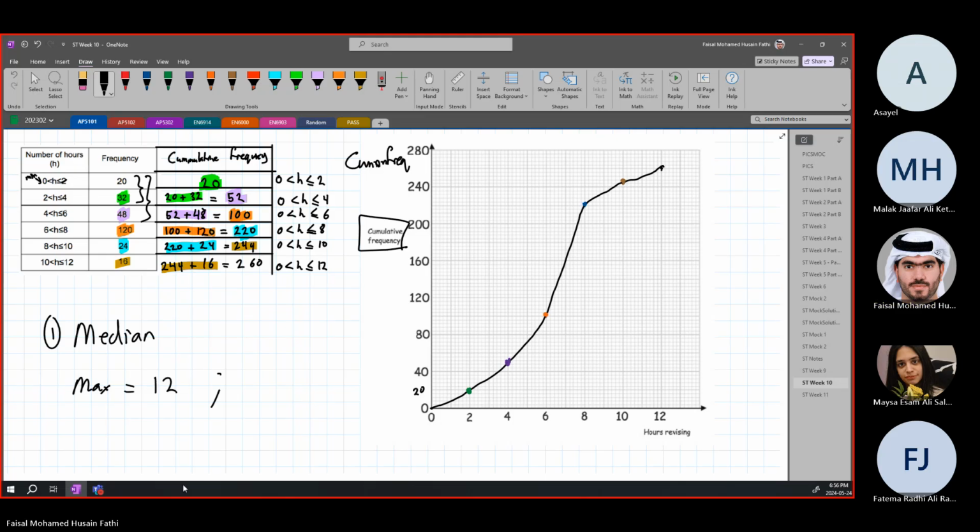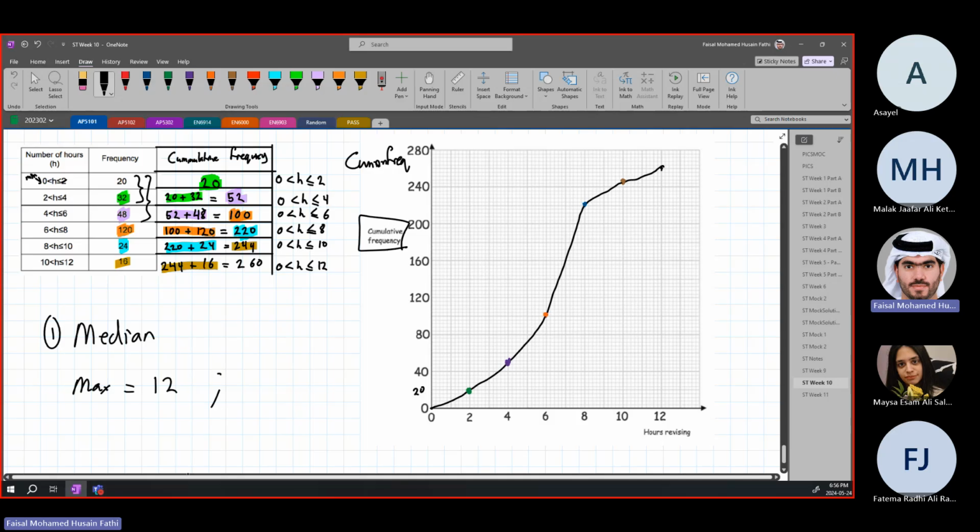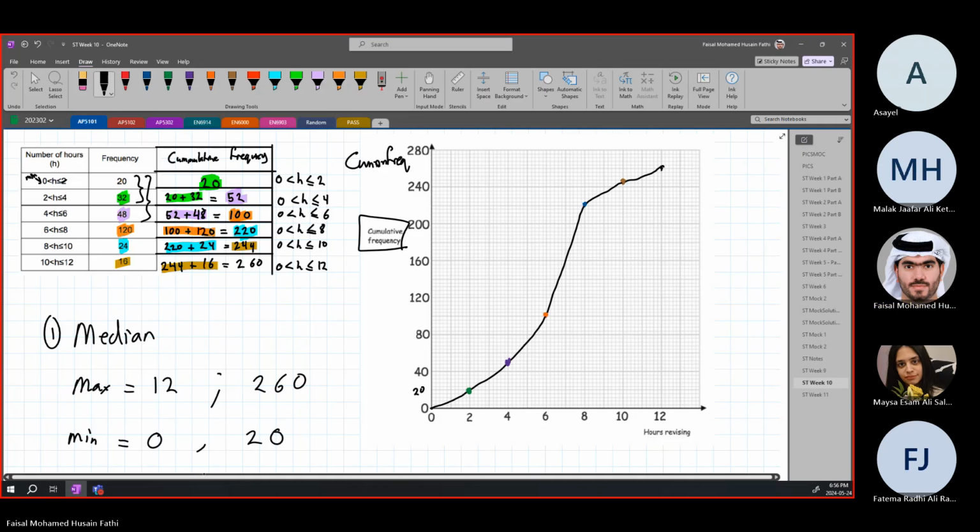All right. At this maximum value, we had a frequency of 260, our cumulative frequency. And our minimum value is 0, which is 0 at the very beginning. All right. Actually, no, our minimum value is 20. Our minimum value at 0, it's going to be a cumulative frequency of 20. Okay, because that's the data that we have from 0 to 20.